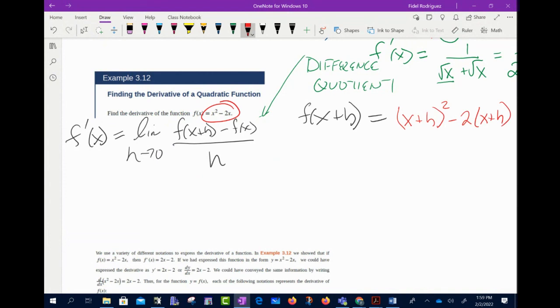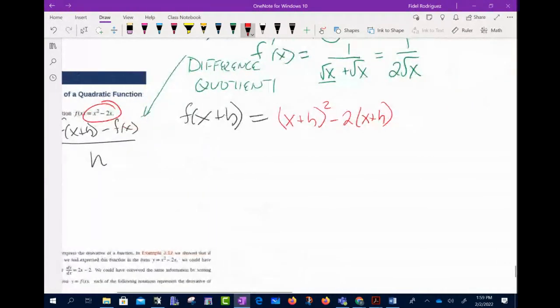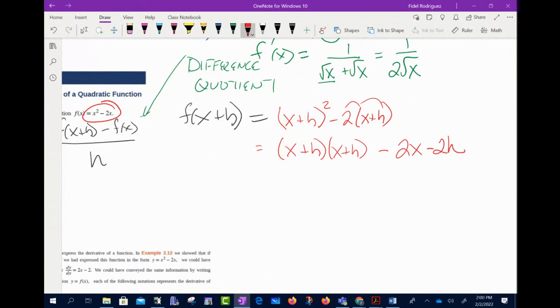So remember, all I'm doing here, y'all, is everywhere I have an x, I'm replacing it with an x plus h, okay? Now, just like we did before, I'm going to write it as x plus h times x plus h. I'll go ahead and distribute that -2 to give me a -2x and a -2h.